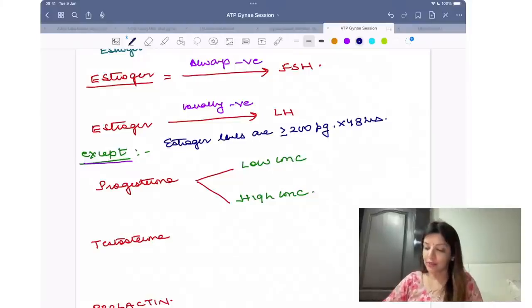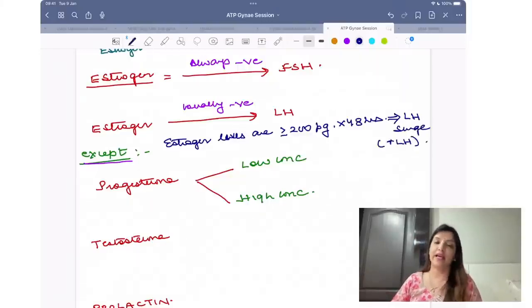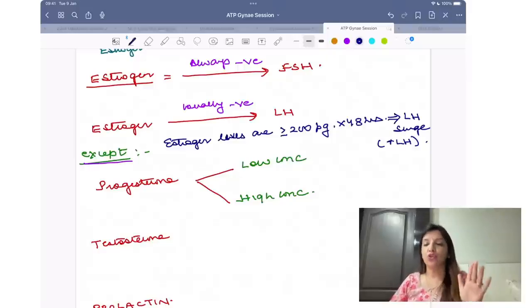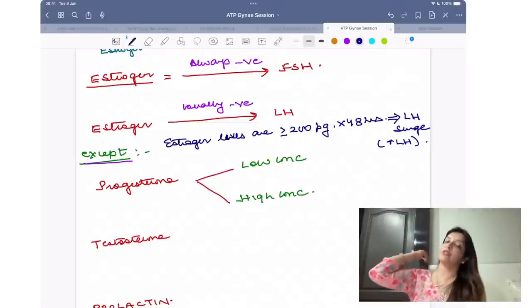Estrogen levels more than or equal to 200 picograms for 48 hours leads to LH surge. That is the time when it is going to increase LH. Otherwise, normally estrogen has a negative feedback on both LH and FSH.